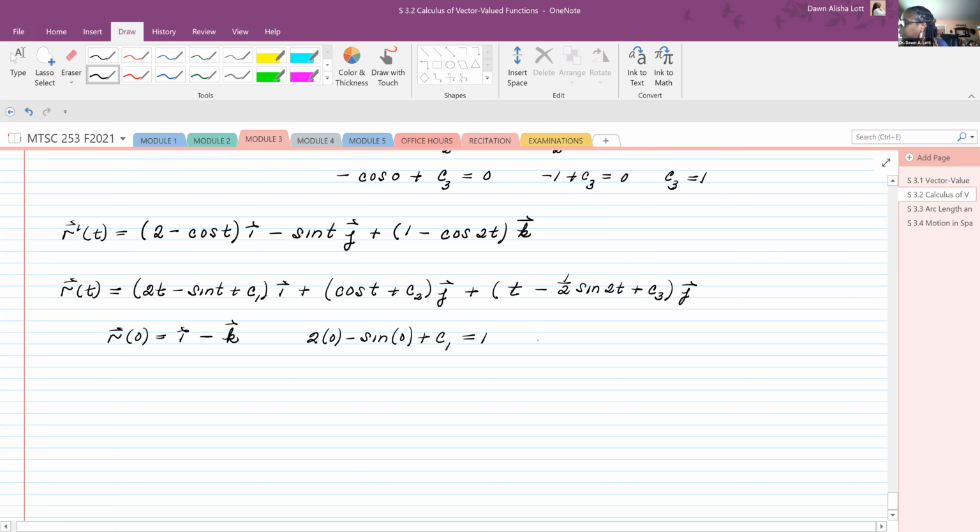So C1 is 1. And this says the cosine of 0 plus C2 has to be 0. So C2 has to be negative 1. And then we get 0 minus 1/2 the sine of 0 plus C3 has to be negative 1. So C3 is negative 1.